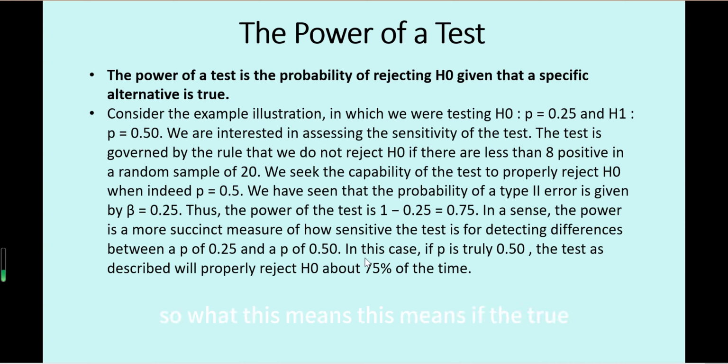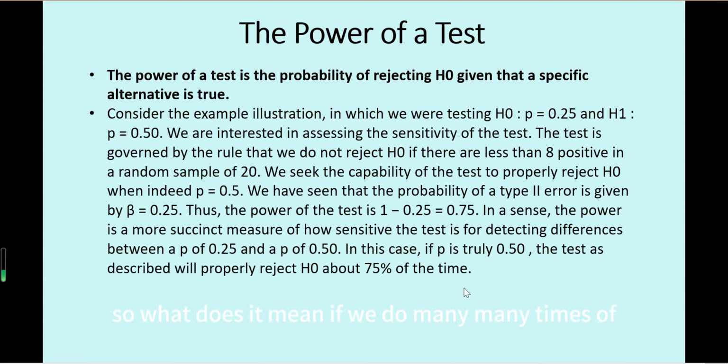So what does this mean? If the true success probability for each trial is 0.50 in a binomial process, and we do many samples of 20 random trials each, then the test will properly reject H0 about 75% of the time.